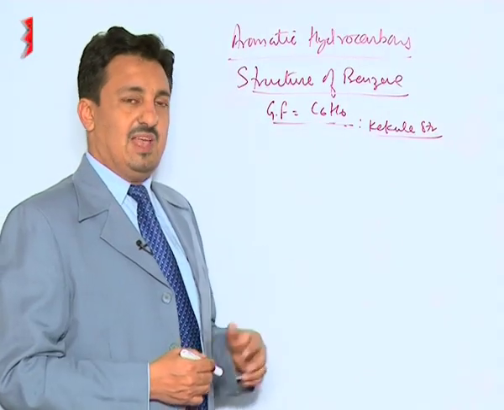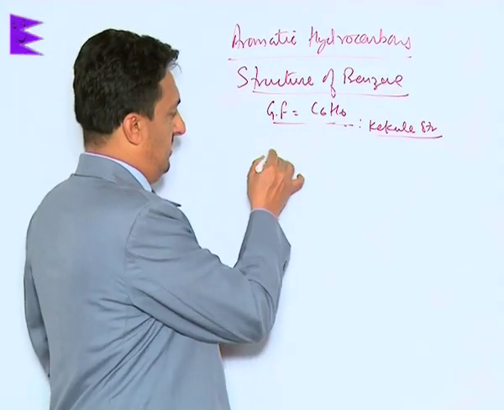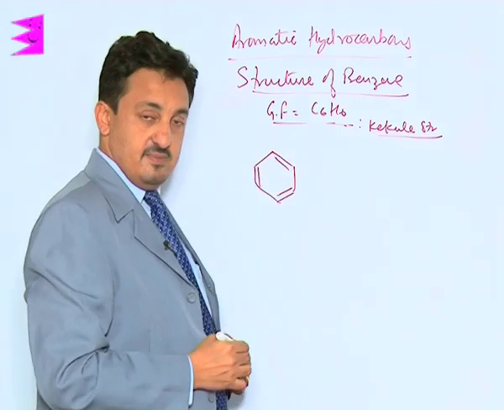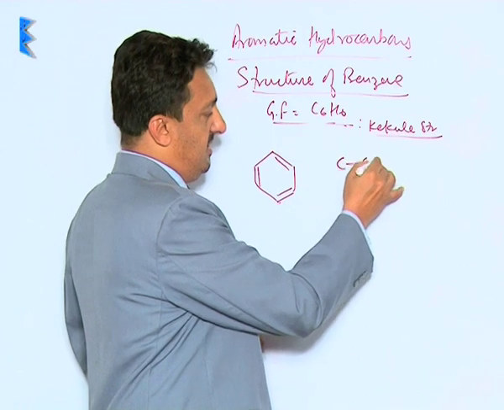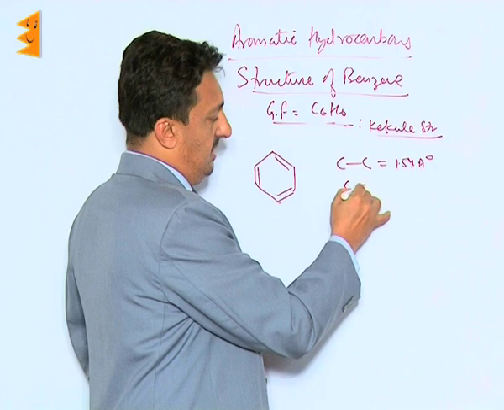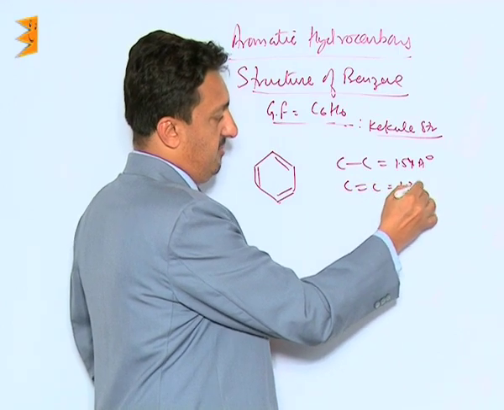Now, due to delocalization in benzene, the bond length also gets changed. We know that the C-C single bond is 1.54 Angstroms. C double bond C is actually 1.34 Angstroms.